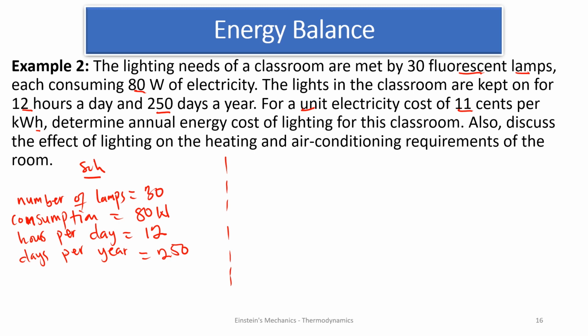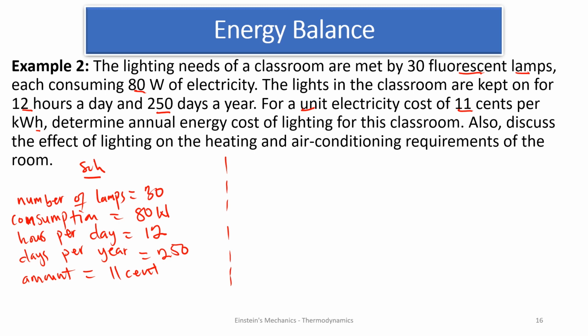And the unit electricity cost is 11 cents per kilowatt hour. So each consumption per hour is 11 cents. So how many cents make a dollar? That will be 100. So when we get there, we will convert it and use it for our calculation.